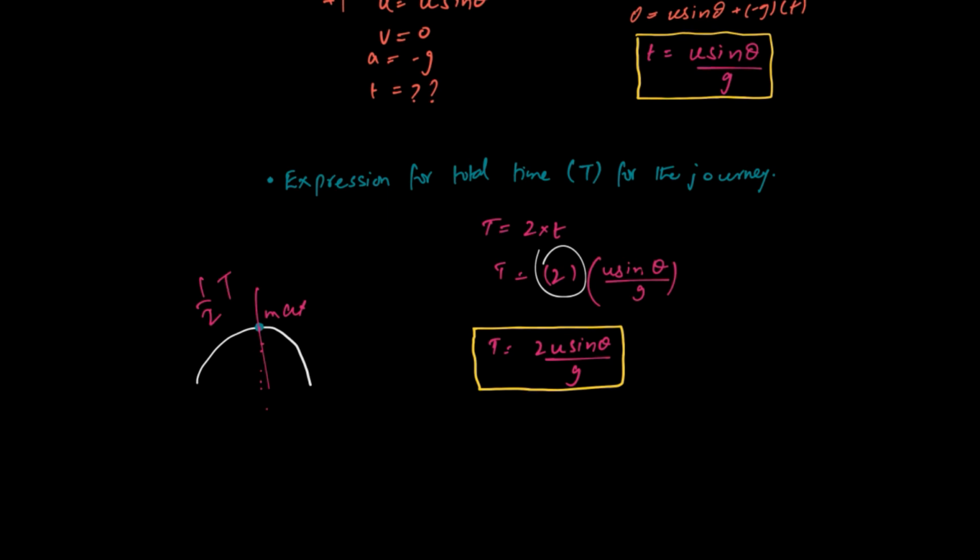This is the half distance that is traveled, and the remaining half is not calculated when finding the maximum height. So whenever we calculate the time taken to reach maximum height, it covers only this portion. So we multiply it by 2 to find the total time taken to cover the whole distance. So that's why the formula becomes twice u sine theta divided by g.